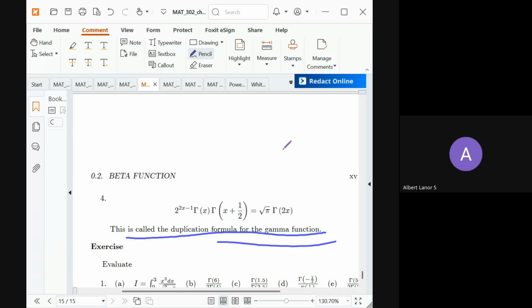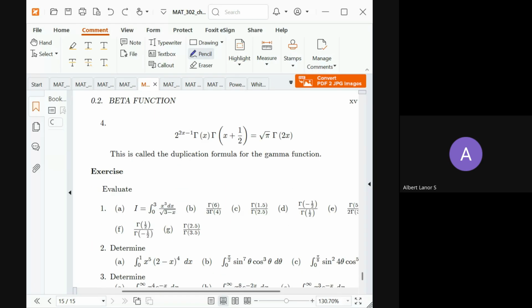So if it's from 0 to any other value, then you may have to change the limits. And if you change the limits, it's going to affect the functions. You know that if you are integrating something and you change the variable, you have to also change the limits. So if you are changing the limits, it will also affect the functions inside it, but it's possible to do it.